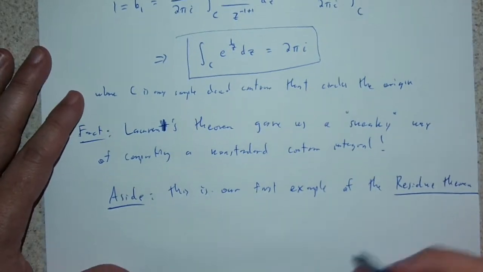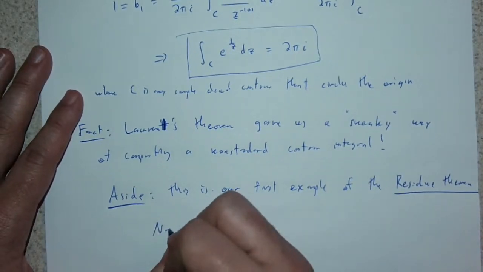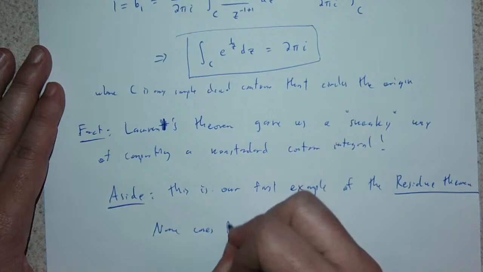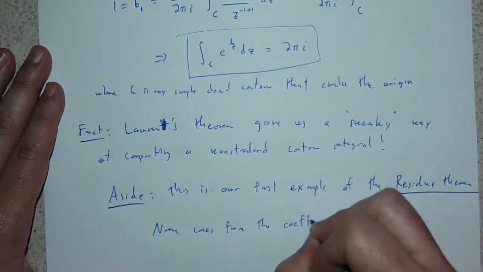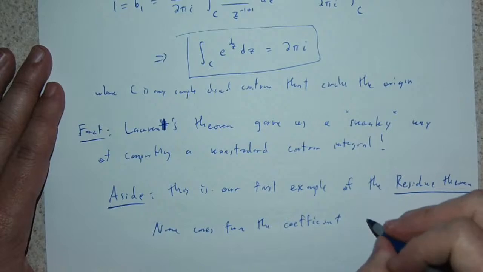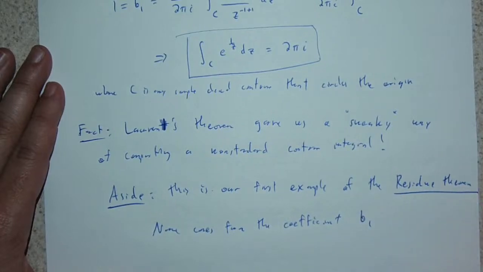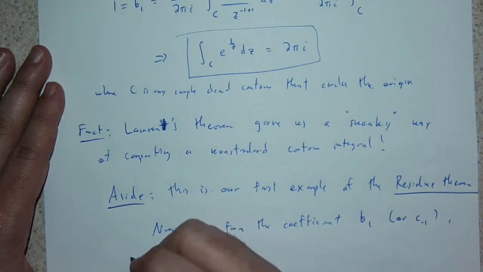Where does the name come from? The name comes from the coefficient b sub 1, or written in the other form, c sub minus 1, which is called the residue.